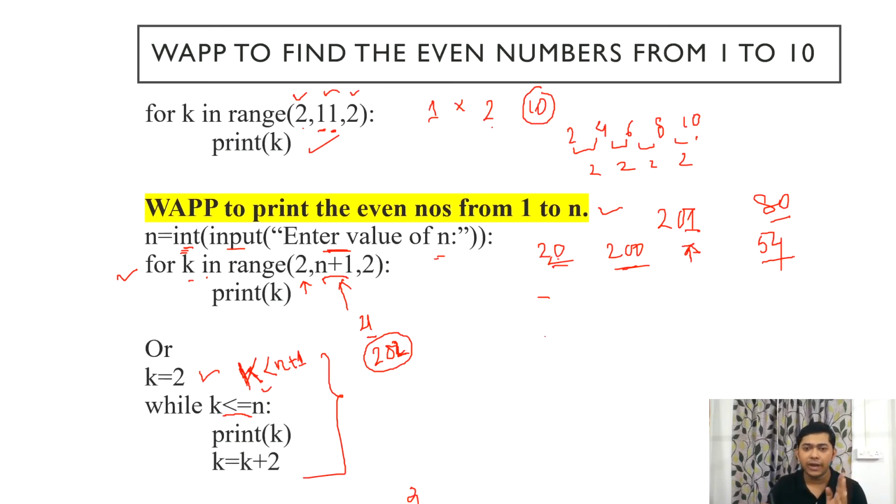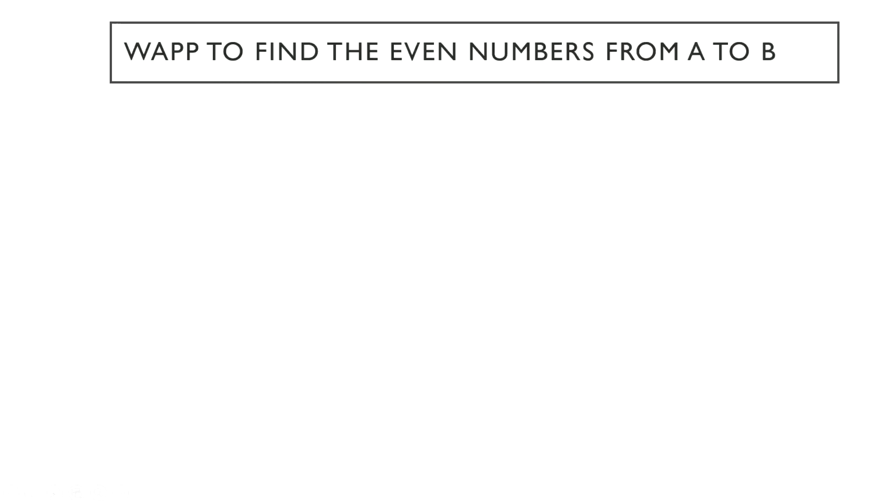If I ask you to find the even numbers between A and B, then we do not know about A, we do not know about B. So there we have to use the conditional statement, the if statement. Same way, first we need to take the input of A and B, then we'll use the for loop, then we have to take the if else statement. So let's see this program.